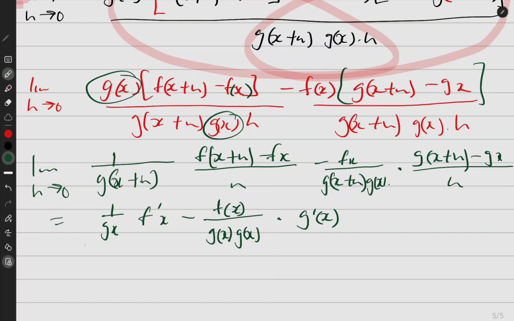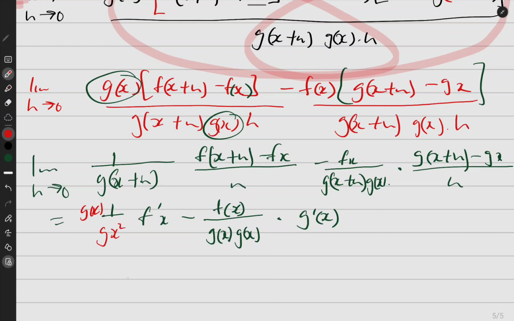Now we are here. From here, what can we do now? This is a binomial, right? We try to make it of the same denominator by multiplying by g of x. If I multiply by g of x here, I'll have g squared, right? So let me just put g of x squared here.